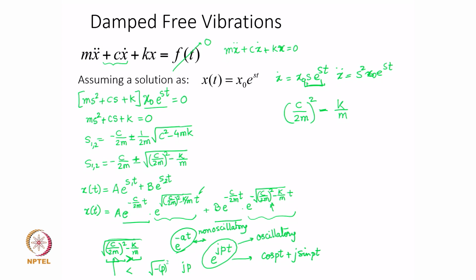And therefore, for us to figure out whether our system is going to be a periodic or a non-periodic one, we would like to introduce a term which is called a critical damping term. So, this C is going to decide, for a given system having certain stiffness, certain mass, whether the system turns out to be oscillatory or non-oscillatory.